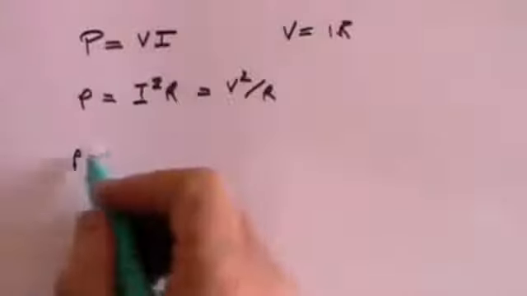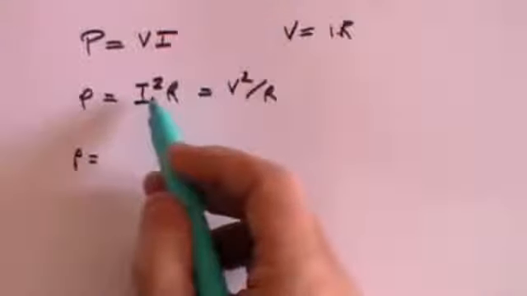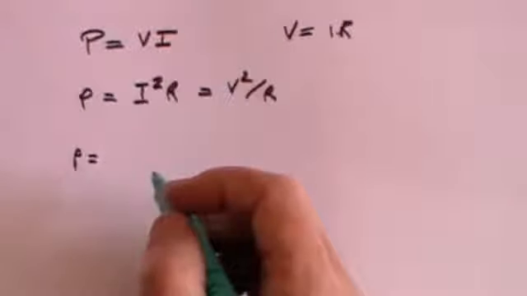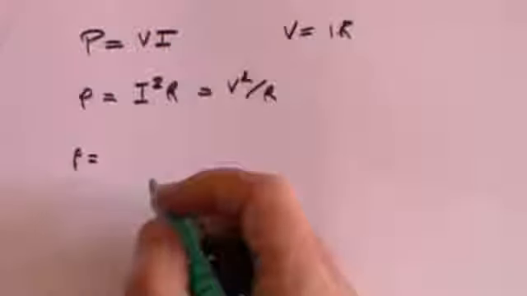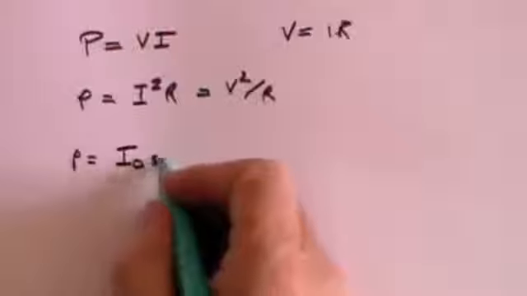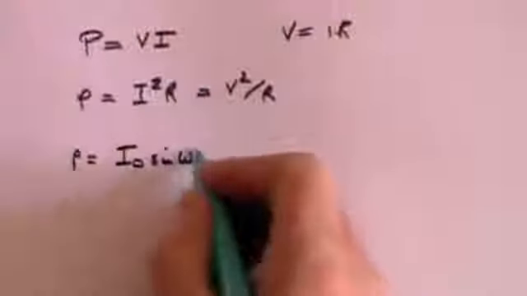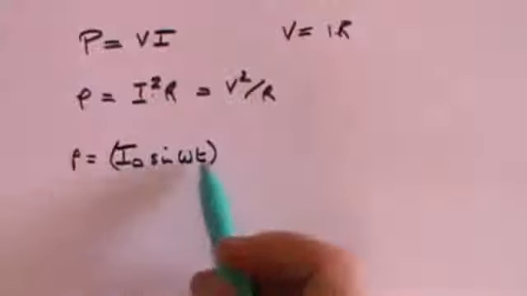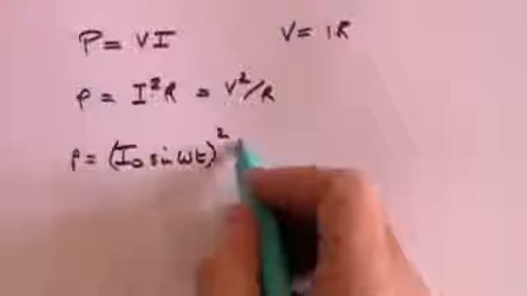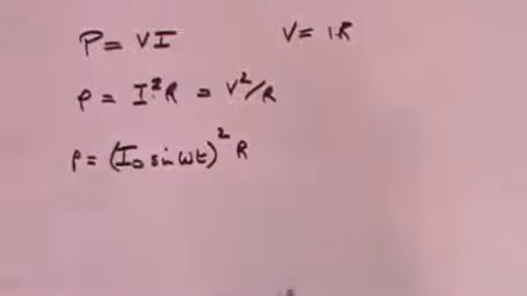So the power is equal to, let's take this one first, I squared. Well, we said that the current is constantly changing with alternating current, and I is equal to I naught sine omega t. So I squared will be that term squared, and to get the power you then multiply that by the resistance.